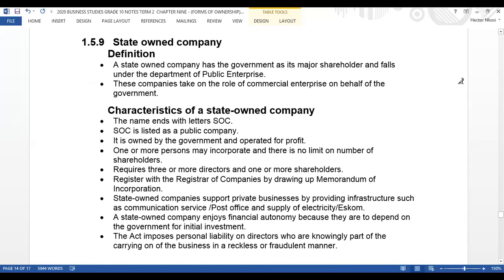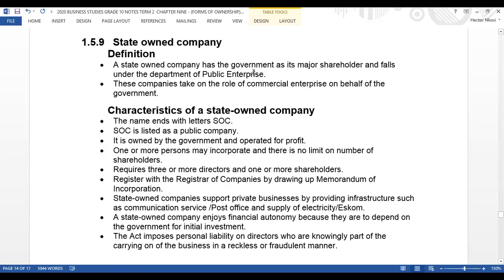Its definition is that a state-owned company has the government as its major shareholder and falls under the Department of Public Enterprises, so it falls under a public enterprise, right? So let's recap this again, step by step, so that you can understand what a state-owned company is.